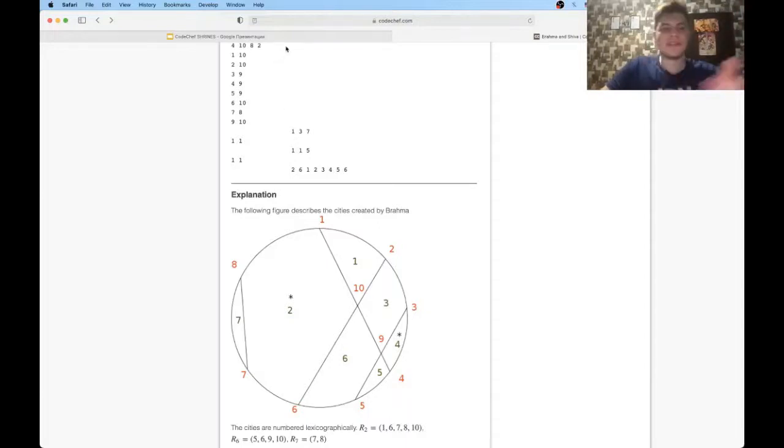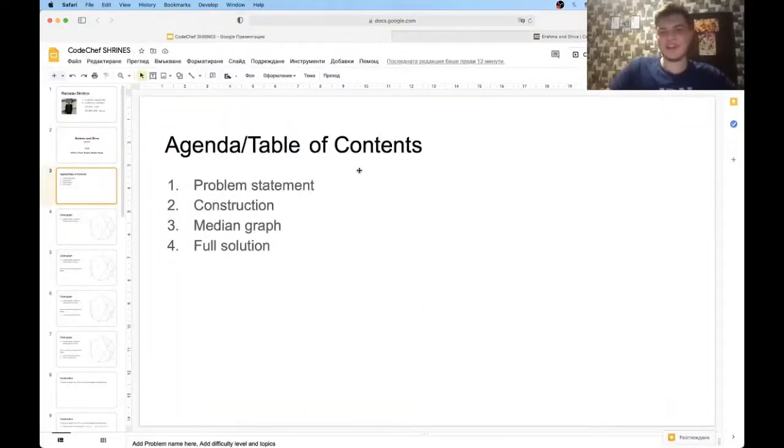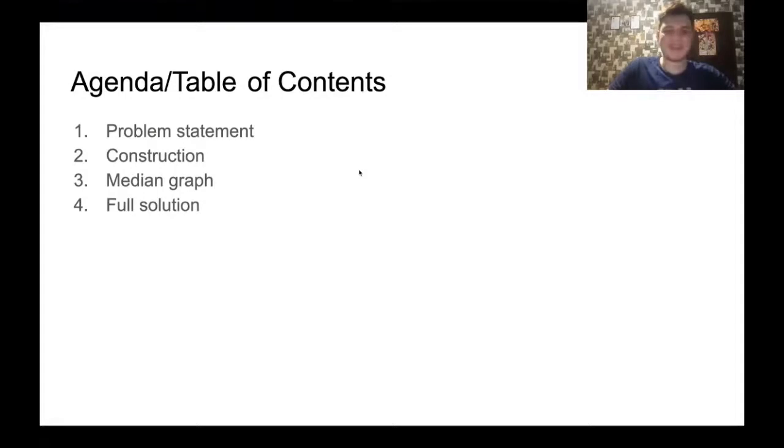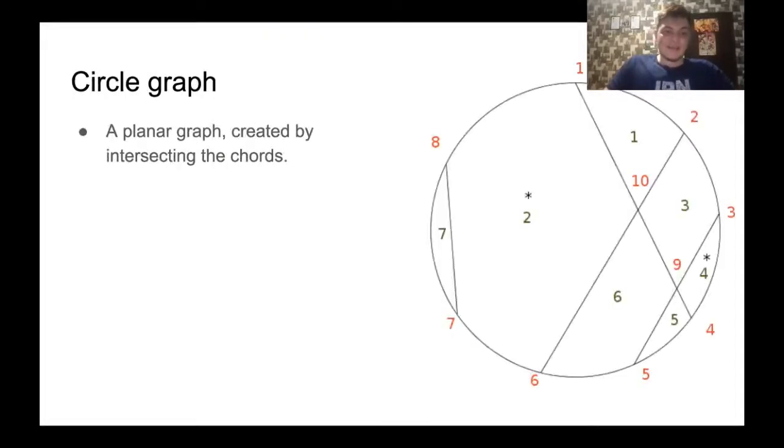But without further ado, let me go straight to the slides, because I do have some slides prepared. All right, so again, what we are given is a circle graph. The circle graph is defined as a planar graph which is created by intersecting some chords.